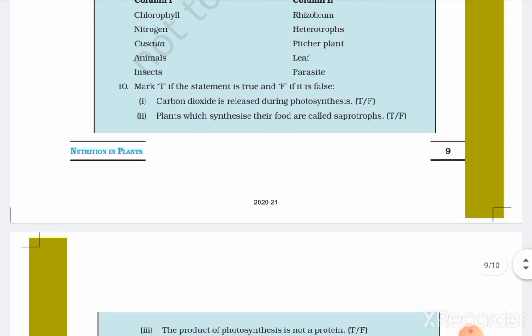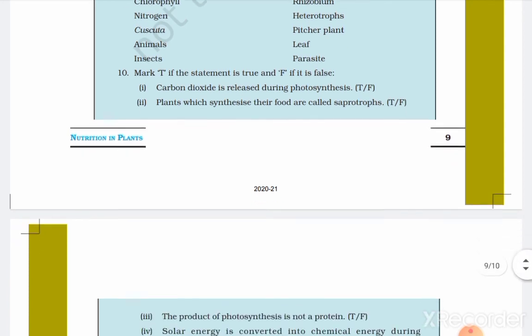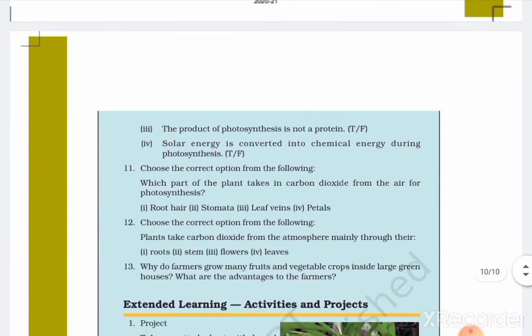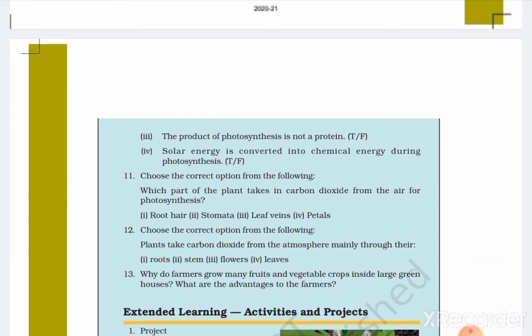Plant which synthesize their food are called saprotrophs. True? No. False. Plant which synthesize their food are called autotrophs. This is false. The product of photosynthesis is not a protein. True. The product of photosynthesis is carbohydrates and that is not proteins.